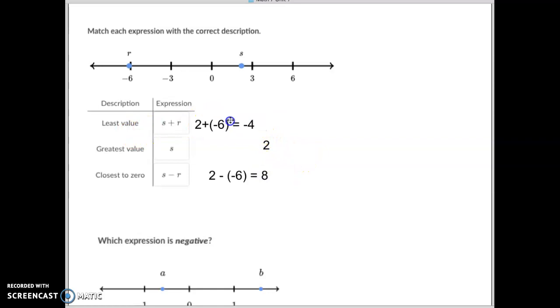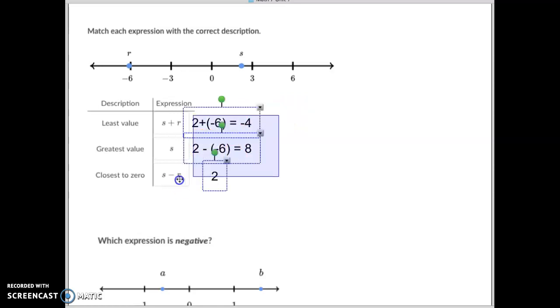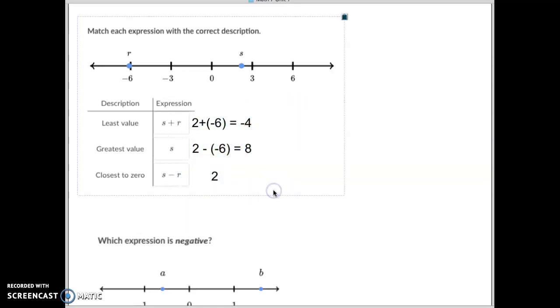You might have said, yep, it's the S plus R. The greatest value is actually the S minus R one. This one should go here, and then the one closest to 0, 2 is closer to 0, would have been the S. So the S would go down here, and the S minus R would have gone right there. Hopefully that makes sense. Hopefully it makes sense to kind of write them out mathematically to solve them.